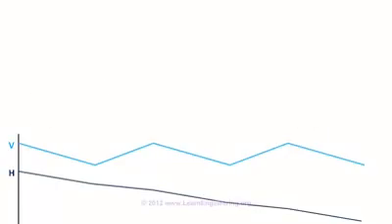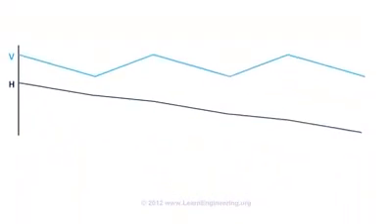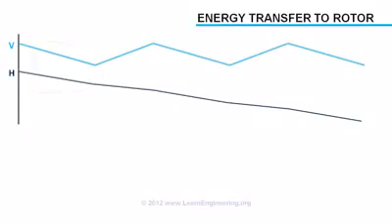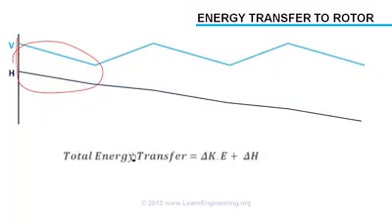Now, we will have a close look at energy transfer at the rotor. If you sum the kinetic energy and enthalpy energy change across the rotor, you will get the total energy transferred. What could be the contribution of each of these terms? Is it possible that the enthalpy energy change is zero, still the kinetic energy part contributes to the energy transfer, or vice versa?